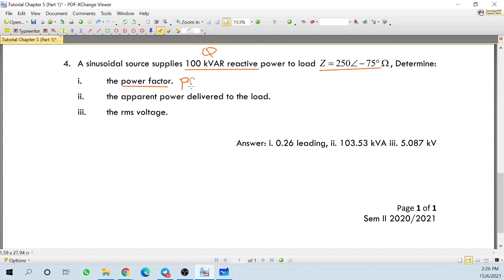Number 2 asks you about the apparent power, S, the magnitude of complex power, and then Vrms.